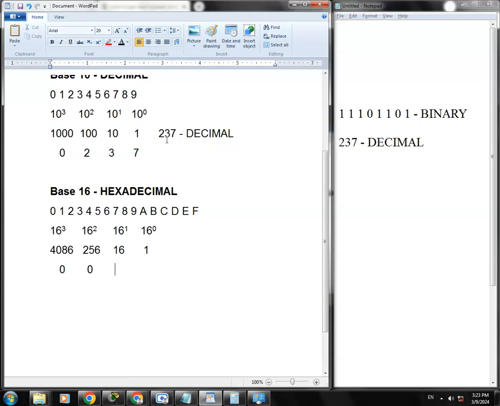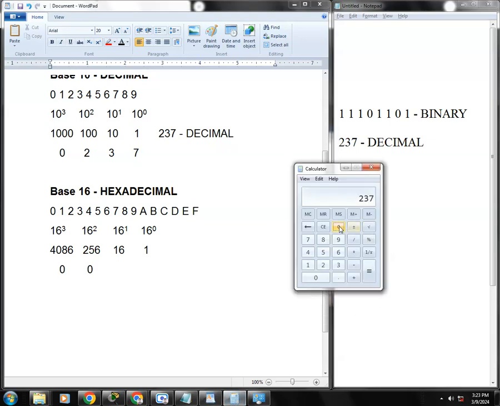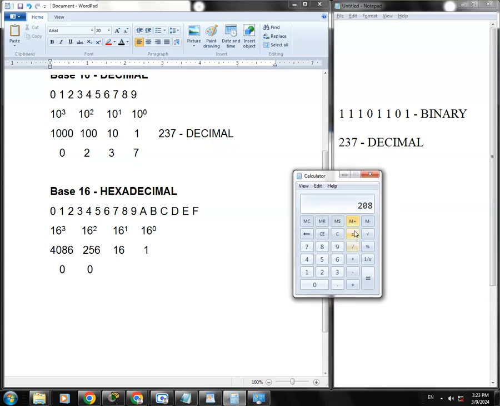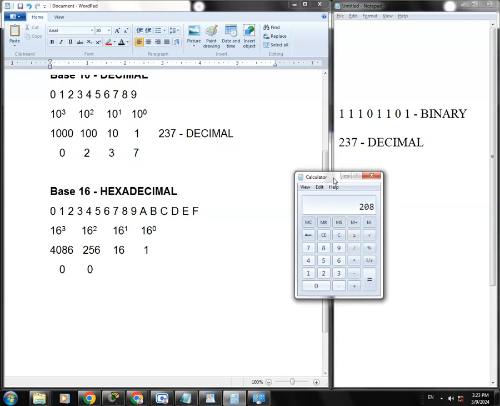How many 16s do we need to complete the 237? Let's try 16 multiplied by 13. It's 208. 237 is bigger than 208, so we need to add another one. Let's add another 16 to make it 14.